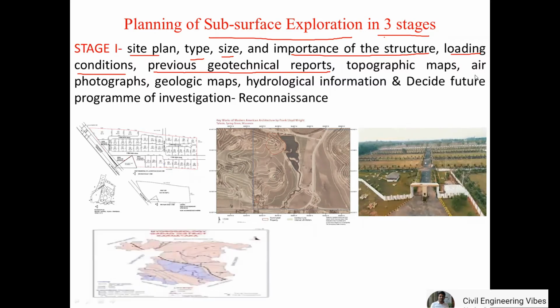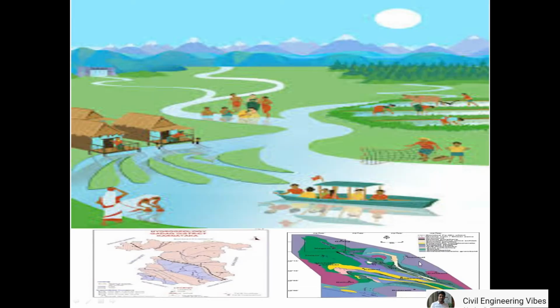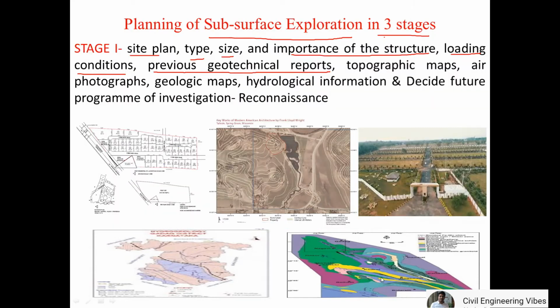Geological map clears you about rock mineral deposits and geological features. Hydrological information data characterizes the regime of bodies of water. With this, we can predict the hydrochemical characteristics of soil and rock.